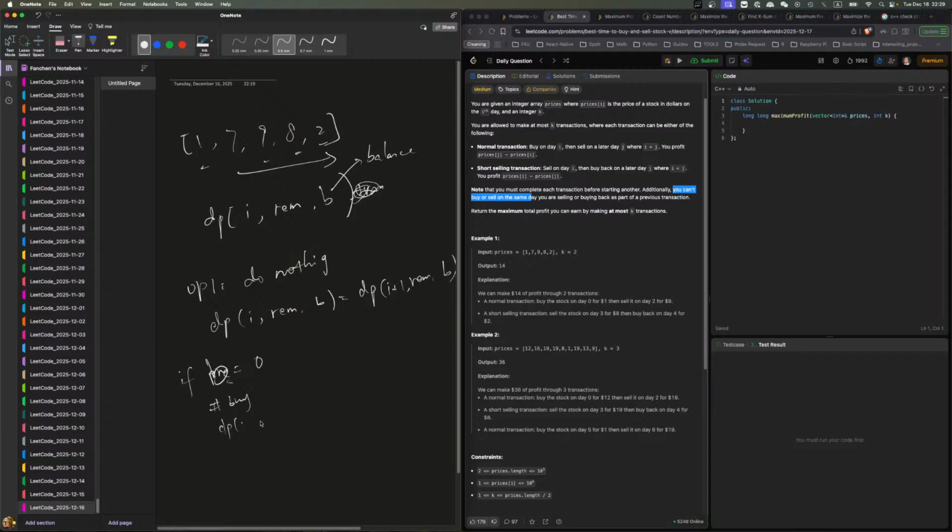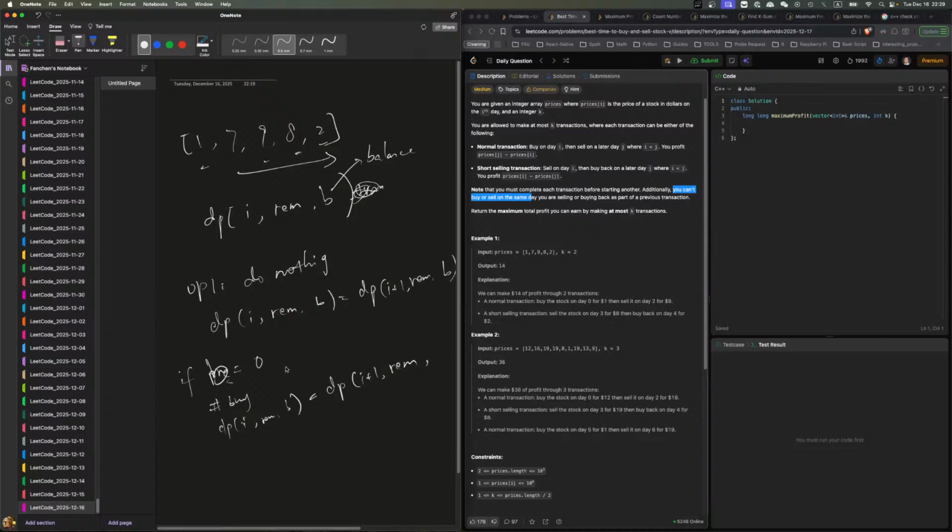I buy, then DP[i][remaining][B] equals DP[i+1], still remaining, because the number of transactions doesn't decrease.